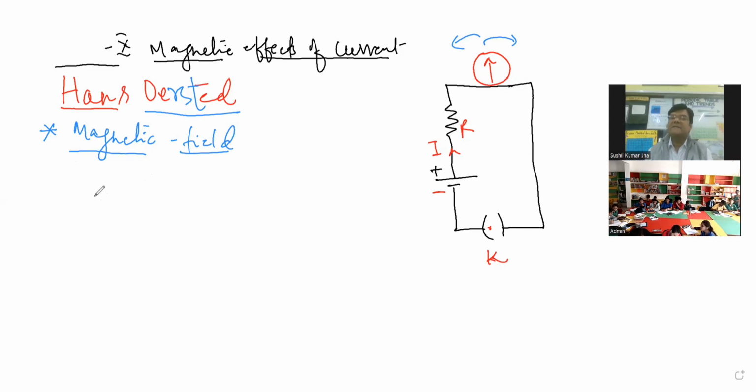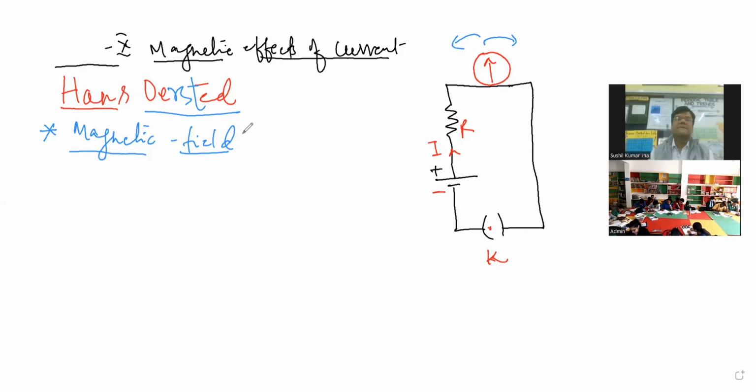The space around a magnet within which its influence can be felt is called magnetic field.